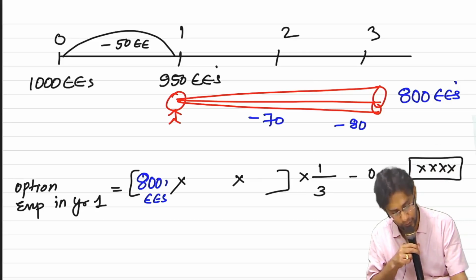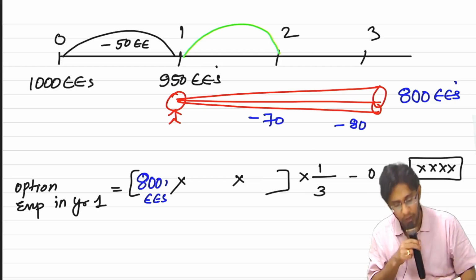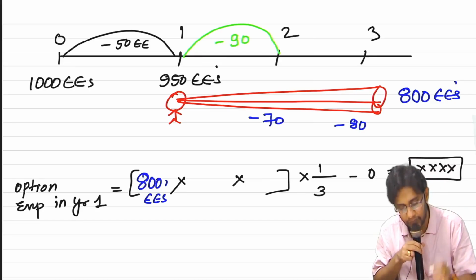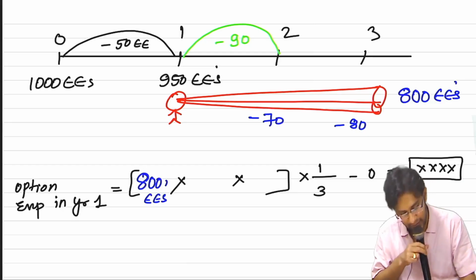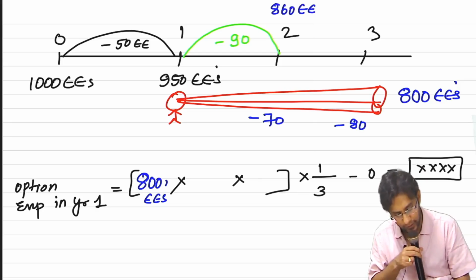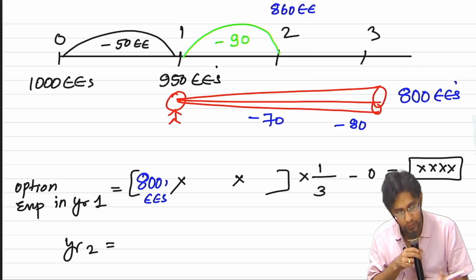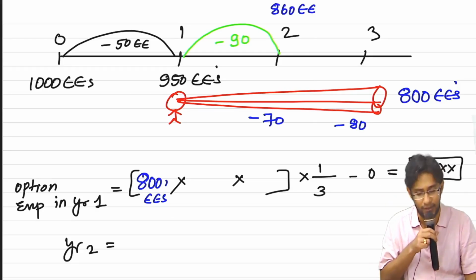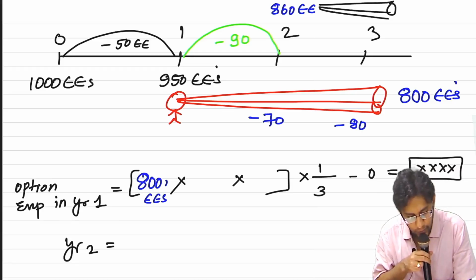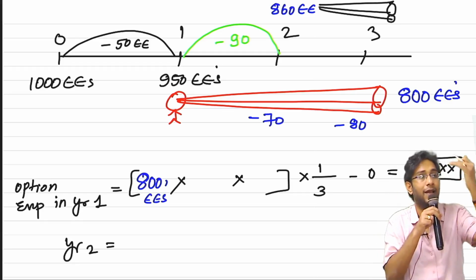Similarly, when we come to year 2, I estimated 70 will leave. Actually 90 left. So 950 minus 90, I am now actually having 860 employees. When I am working out the option expense of year 2, I should not use 860 employees. I should again foresee by the end of third year how many are likely to be there.